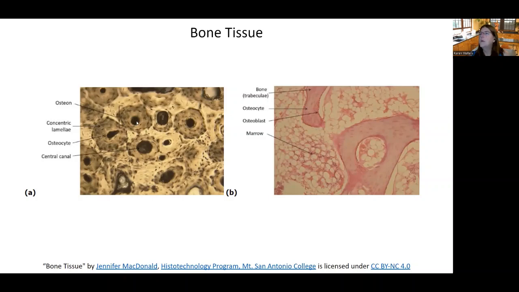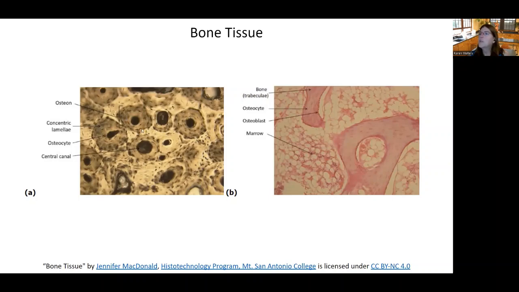This is where blood vessels would be coming in and throughout the bone. And you'll also notice that these osteons have layers. They're concentric layers, almost like the layers on a tree, like you know how bark grows in layers. Well, your bone osteons also grow in layers, and these are known as lamellae.